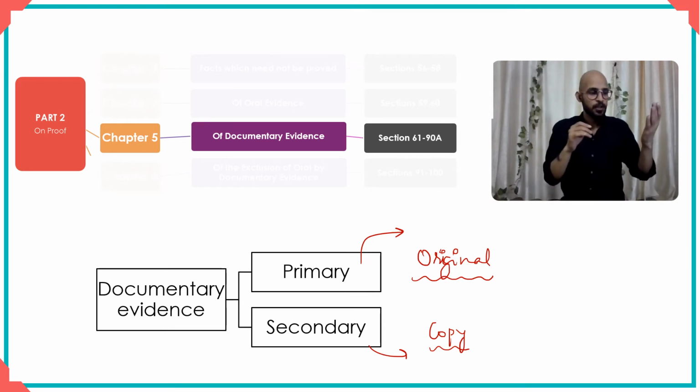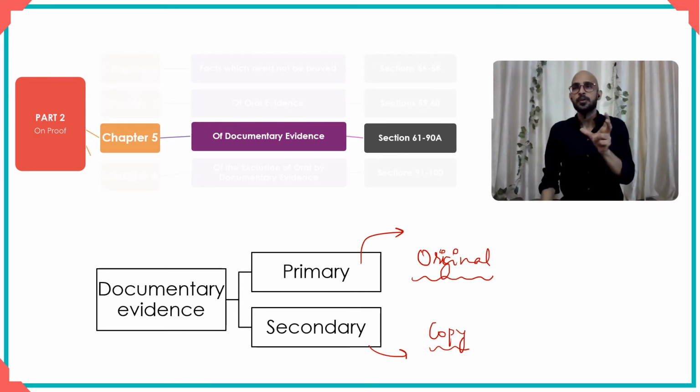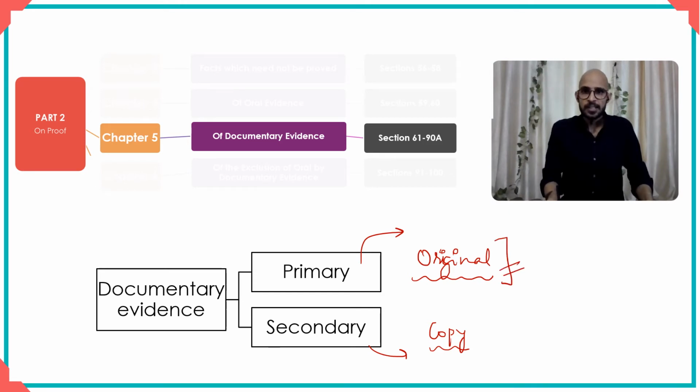So you look at something and you copy it down, like how some students do it in the exam. That's also a copy. Or it could be a photocopy, or it could be a photograph, or it could be a carbon copy. So there are various kinds of copies, but the thing that you need to know in general is that primary evidence is the document itself. Secondary evidence is some kind of copy, right? Let's go ahead.